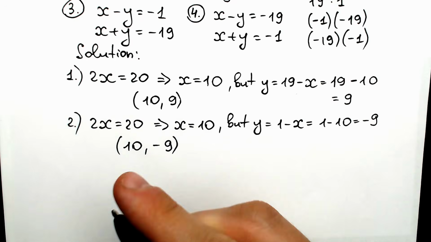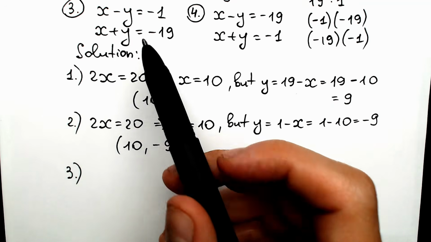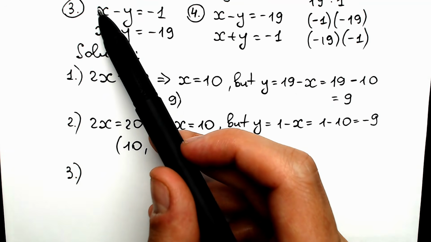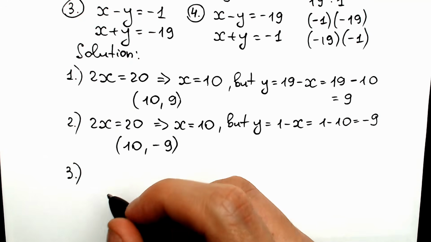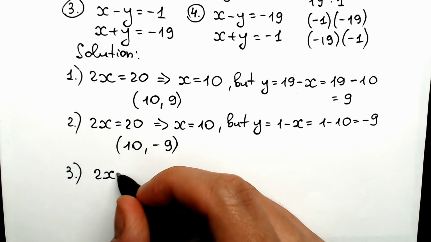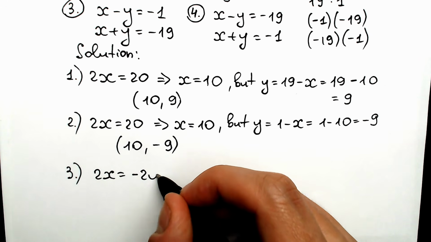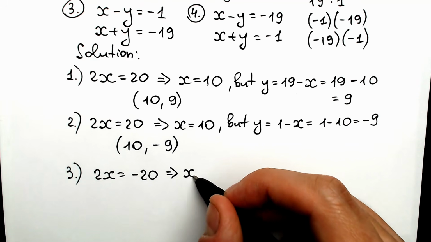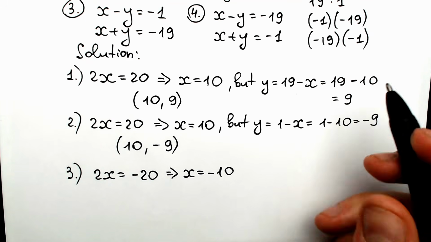Let's go to the third pair. When we add the equations, we have 2x equal to minus 20, and from here our x is equal to minus 10. What about our y?